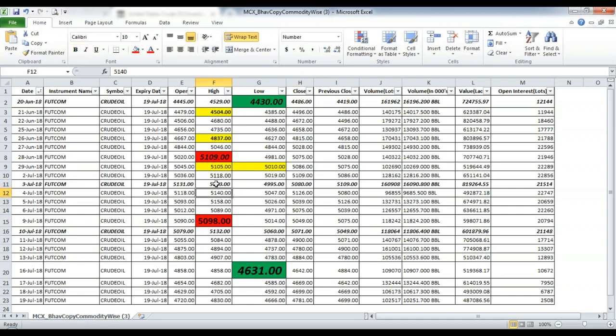On this day, is it going above 5109, correct? It's going above this, correct? Okay. Now, if that is the case, now it is going above this, is it returning back? The answer is no.